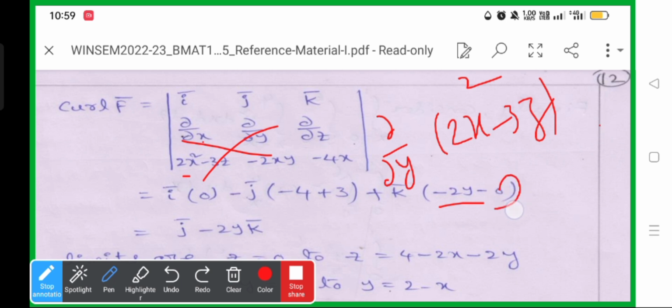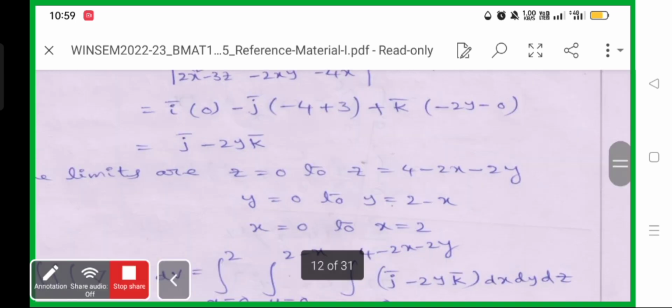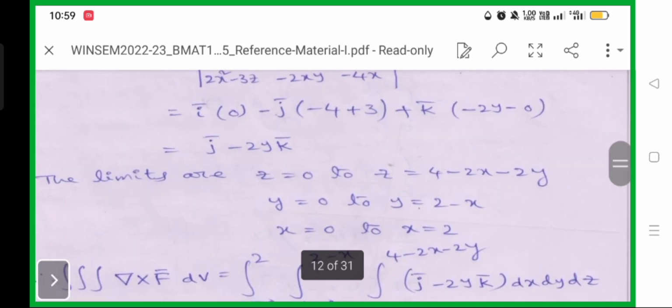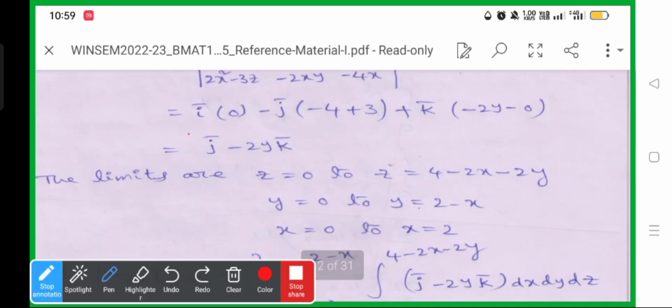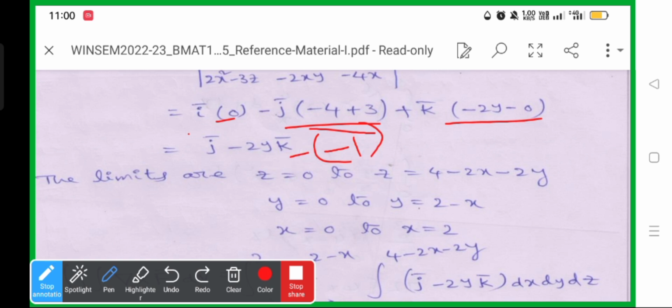Okay. Finally, we have the i component, that is f1 vector, which is totally 0, and we have the f2 vector and f3 vector, and 4 minus 1 is nothing but minus 1. Here it is a minus 1. Already outside we have a minus, so minus of minus will become plus, and here minus 2y.